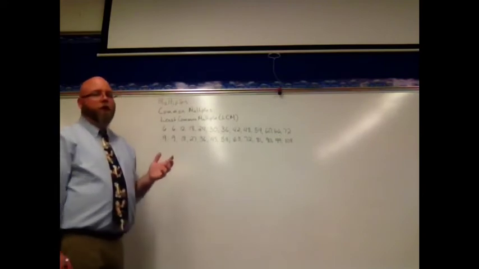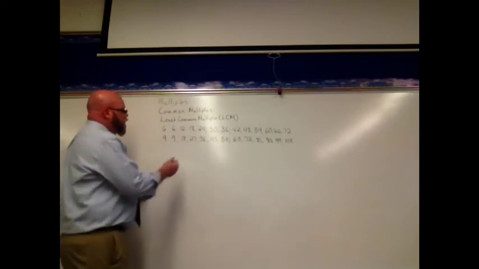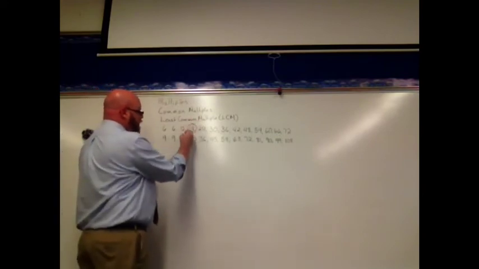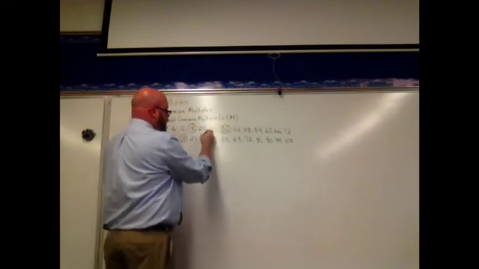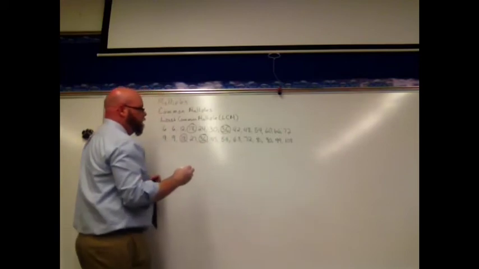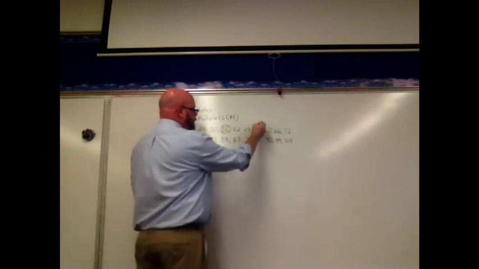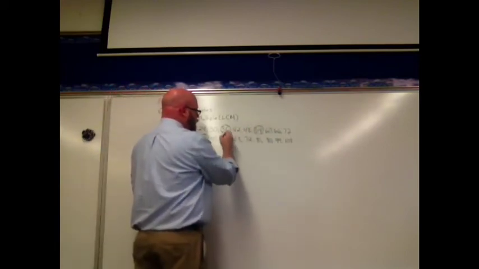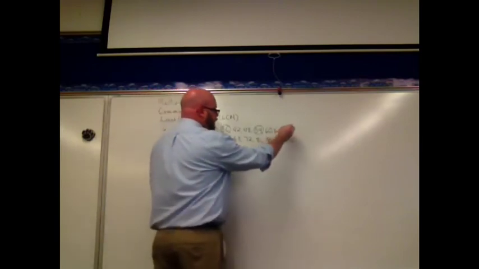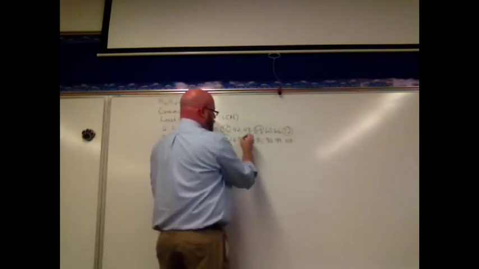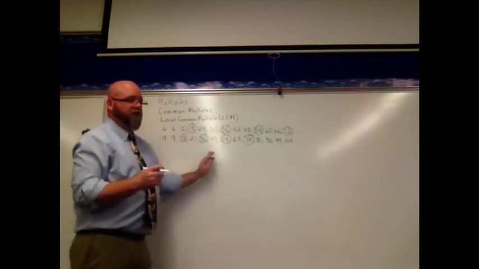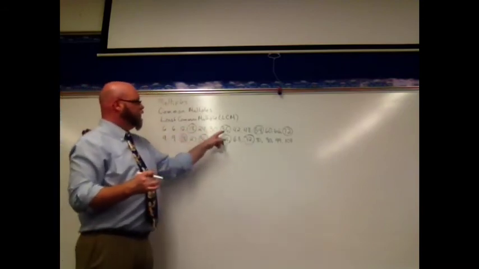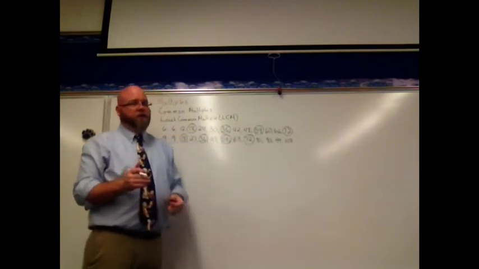Now I start looking for the ones they share. Well, 6 and 9 both share 18. They both share 36. They both share 54, and they both share 72. So the common multiples of 6 and 9 in this list would be 18, 36, 54, 72.